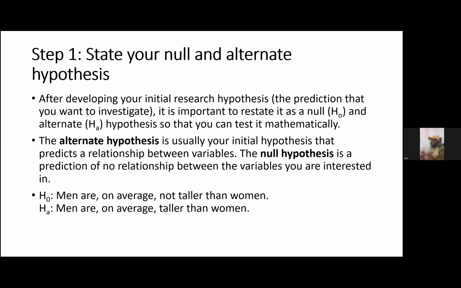It is important to restate it as yes or no. We can state it as a null or the other way, either a negative or a positive way. So we state the null hypothesis and also the alternative hypothesis, so that you can test it mathematically.